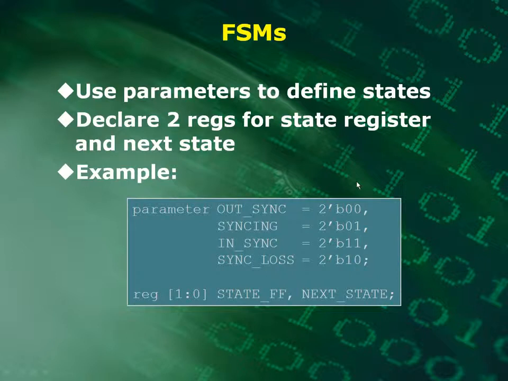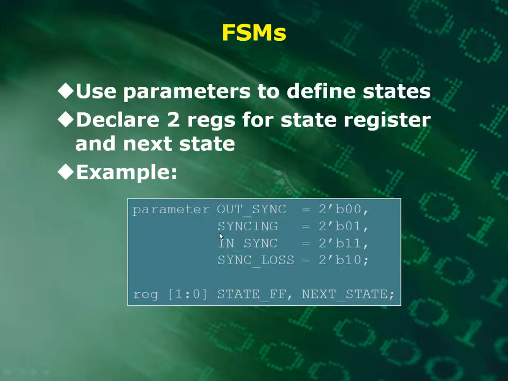The best way to start creating this state machine is to create names for our states, and we do that using parameters. In this case, we need 4 states, so we're going to have a register that's 2 bits wide, something that can contain 4 different values.